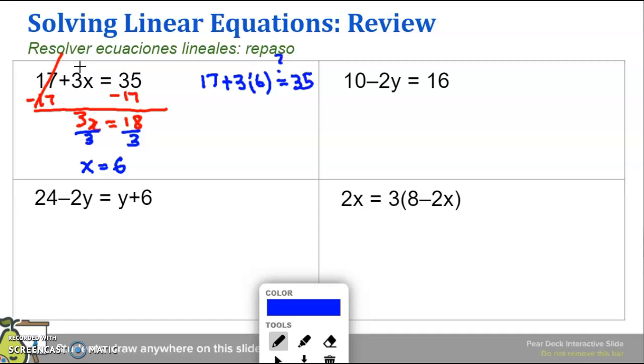Okay, so let's evaluate what's on the left hand side and see if it checks out with the right hand side. 17 plus 3 times 6, so we have 17 plus 18, and 17 plus 18 is 35, and indeed 35 from the left hand side is equal to the 35 from the right hand side, so I know that that is true. So this solution I know is correct.